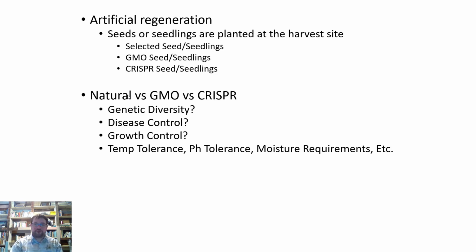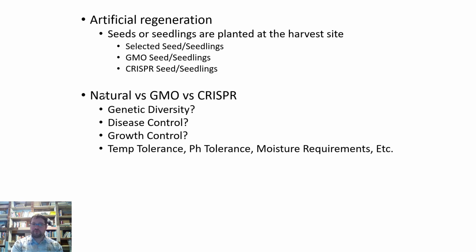Do we care about genetic diversity? If you care about genetic diversity and having a very diverse group of organisms, maybe it's the same species, but you have a lot of genetic diversity, so if a disease comes through, maybe some of the individuals will make it and some won't, then you really are looking at natural seeds, these selected seeds.